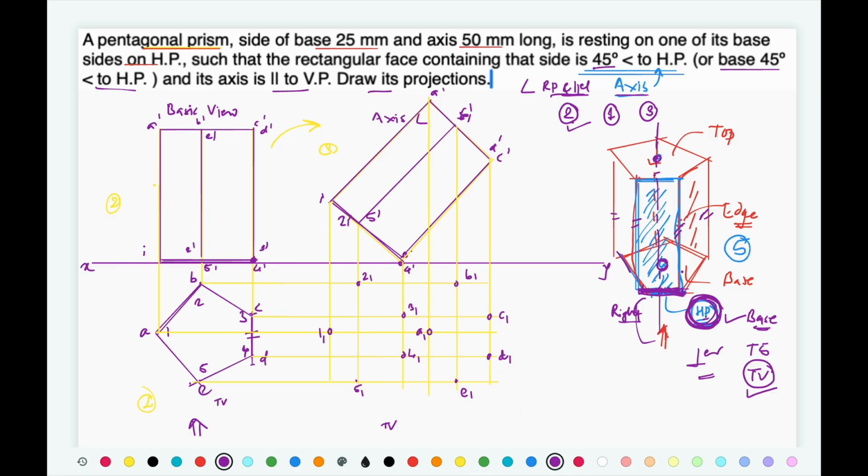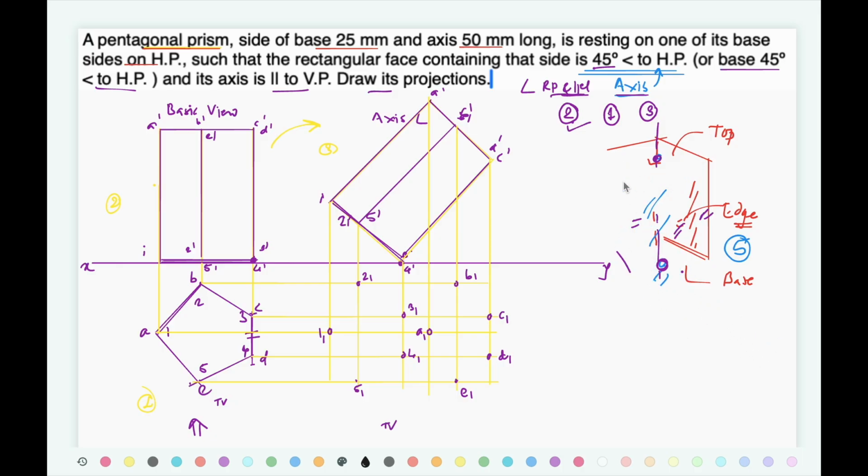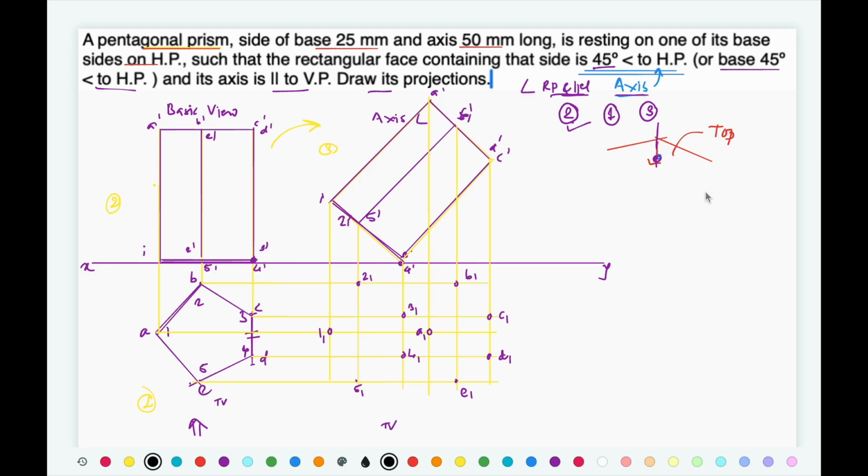Now when you connect this view, we have certain rules to follow. Let me erase this part. There are certain rules to follow.